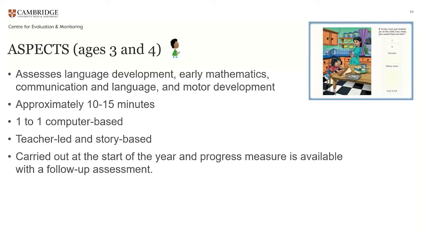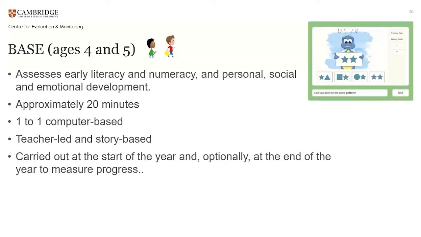It's similar when we get to Base, but for this, reception year, or FS2 as it's sometimes called, we've got a little bit more detail, and you get more detailed reports as well. So it's a little bit longer, but still it's one-to-one with the teacher. I quite like this because I think it gives the teacher a good 20 minutes of consistent one-to-one time with each student. So you're not just looking at, do they recognize this shape, or do they recognize that letter, but what's their eye contact like?